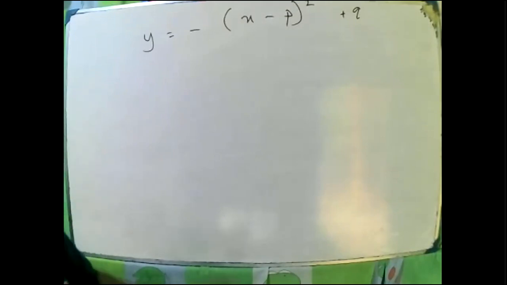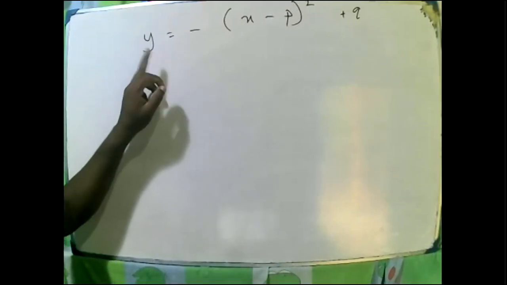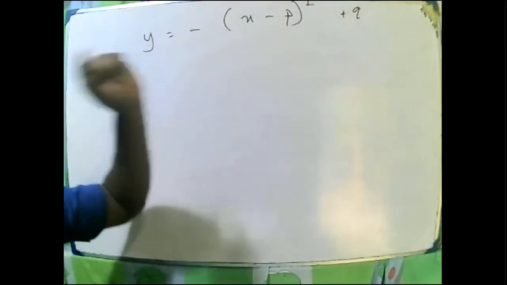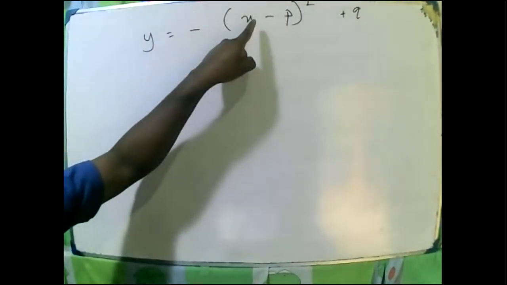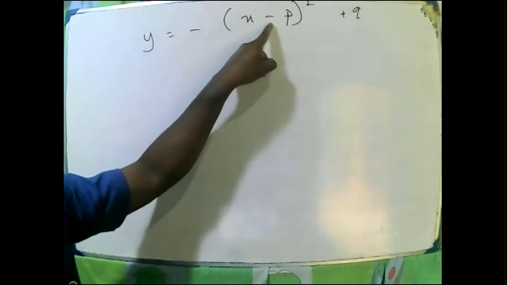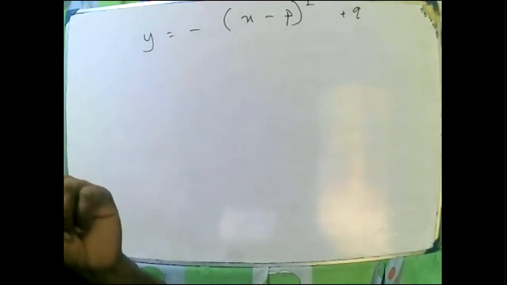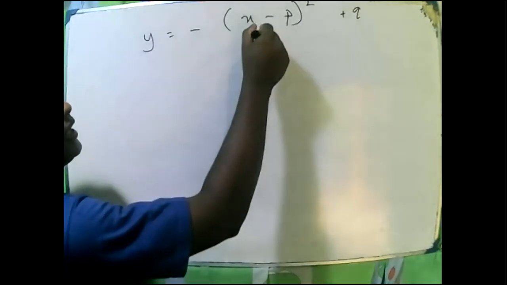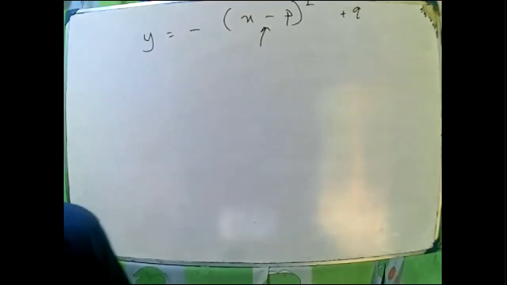This is the quadratic function they have given. I earlier explained to you, inside the bracket is the equation of the axis of symmetry, right? So here is the equation of the axis of symmetry.